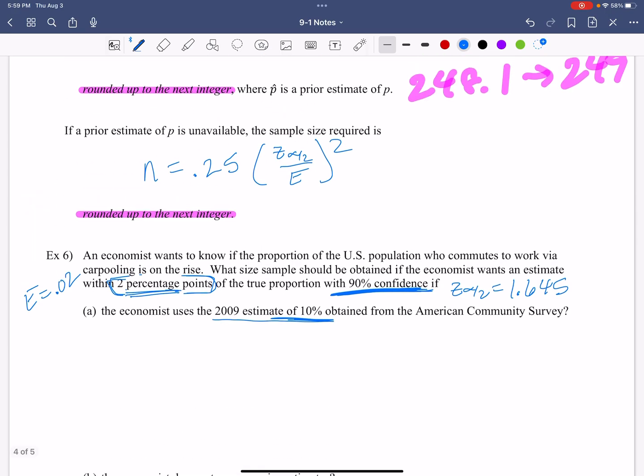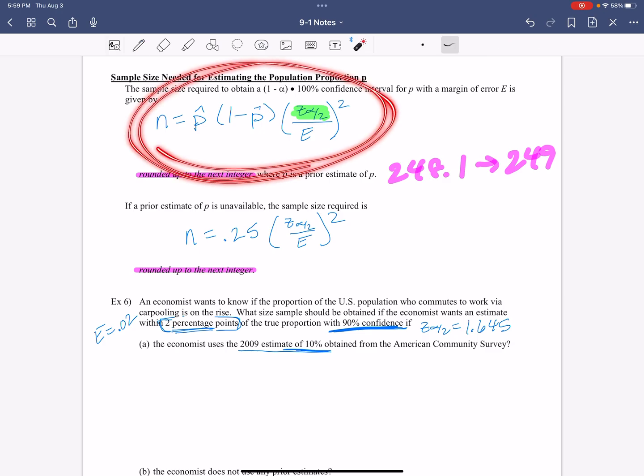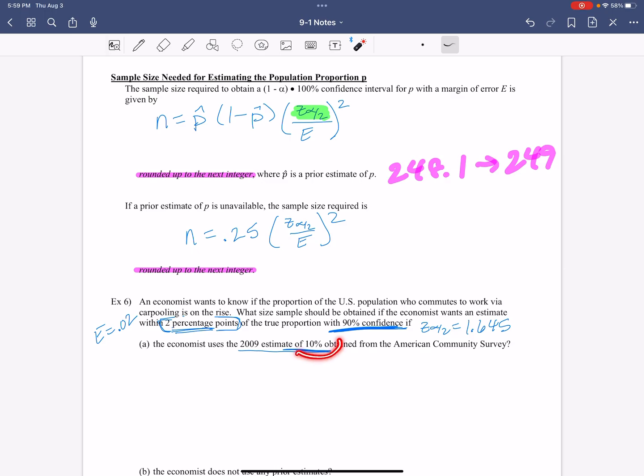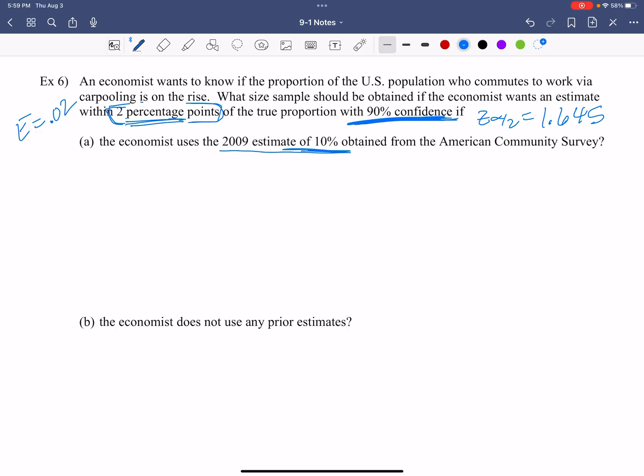Up here in my formulas, if I already have an estimate, I use this top one. If no estimate is given, then we use the bottom. But here with this 10%, I'm going to plug that in because that's my P hat. I'm going to make this bigger so we can see it better on our screen. N is equal to, and then I'm going to write this down since we can't see it, P hat times 1 minus P hat times Z alpha divided by 2 over E, the quantity squared.